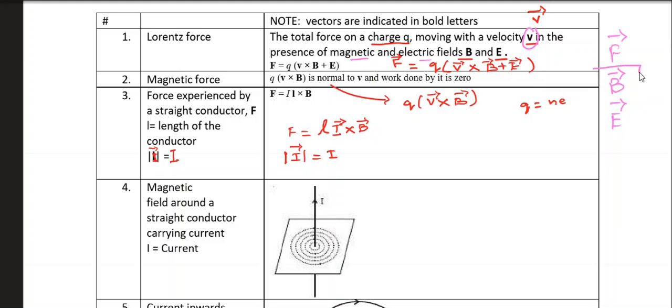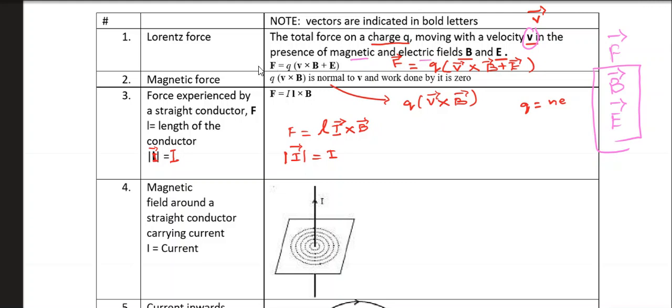So in the presence of the magnetic field and the electric field, the charge is moving with certain velocity. If there is any movement under these two influences, what are these two influences? One is magnetic field, another is electric field. In their presence, the charge is moving in a direction with certain velocity.